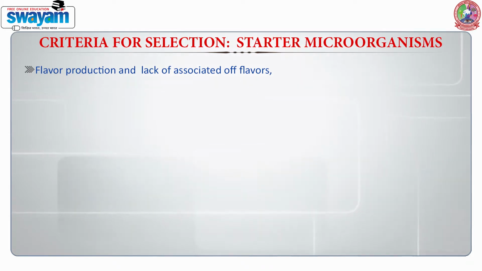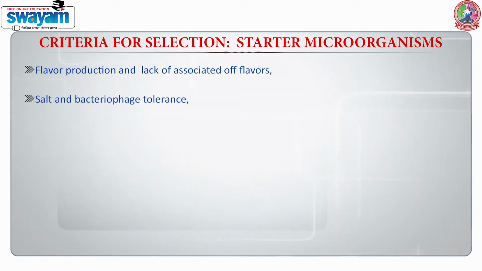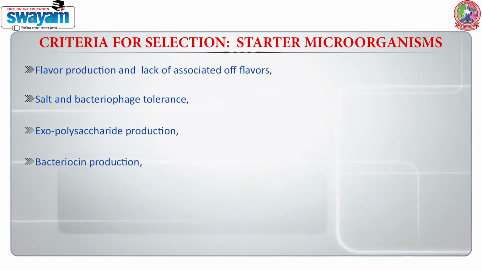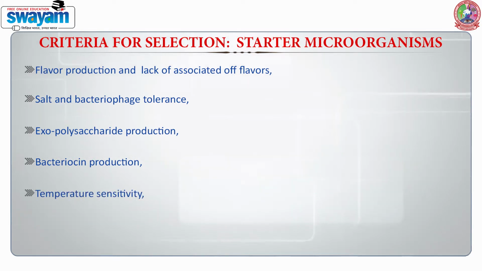It should exhibit salt and bacteriophage tolerance. The starter culture may produce exopolysaccharide if it is required in the final product. The starter culture should produce bacteriocin and should exhibit temperature sensitivity.